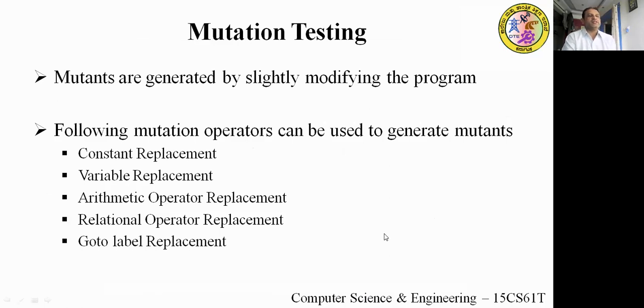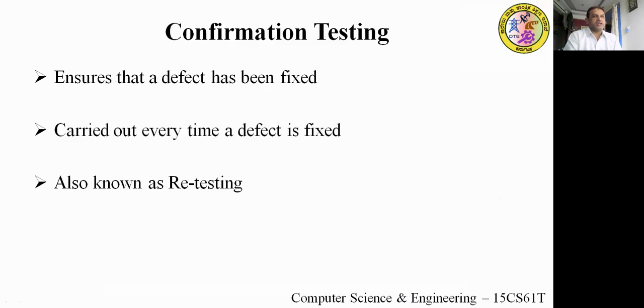Yes, when you modify some part of the code, you make changes by using some operators. That is what we call mutation testing. What are the operators that can be used for changing? Constant replacement, variable replacement, arithmetic operator replacement, relational operator replacement, go to label replacement. So that is what we call mutation testing.